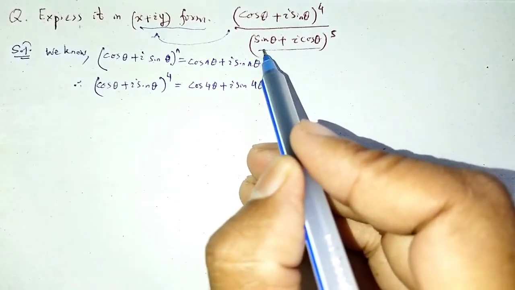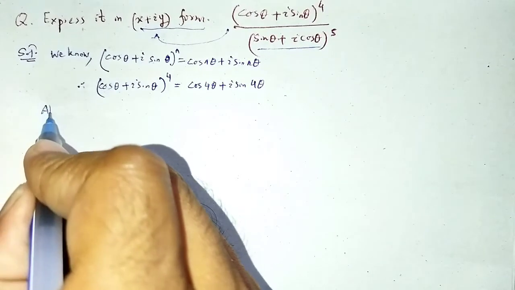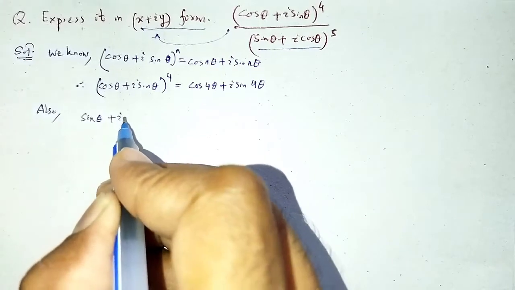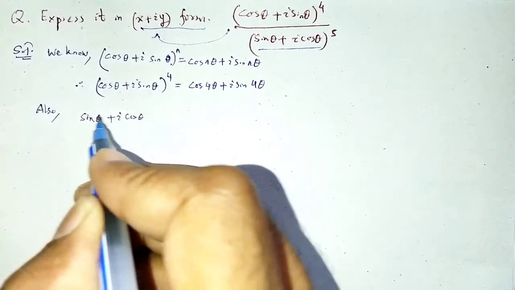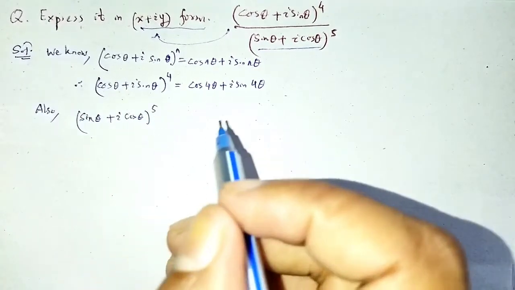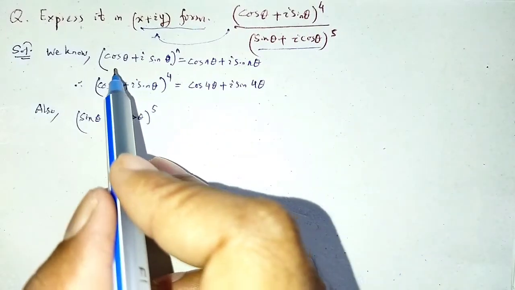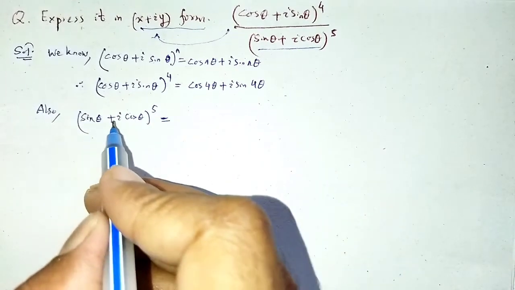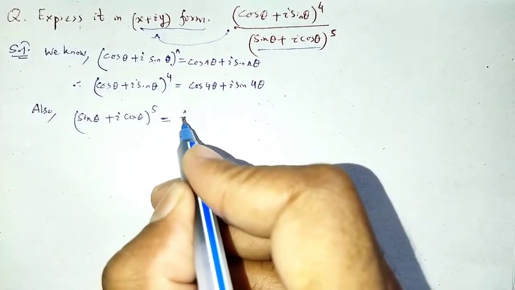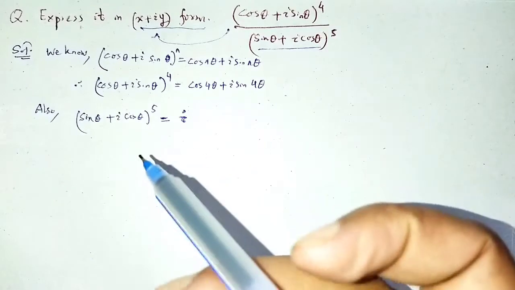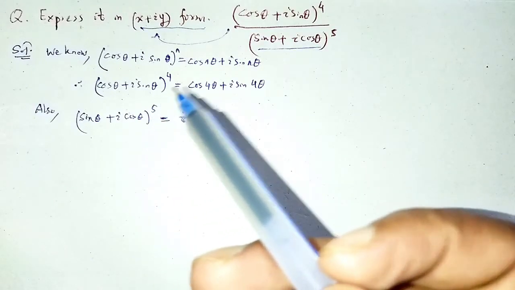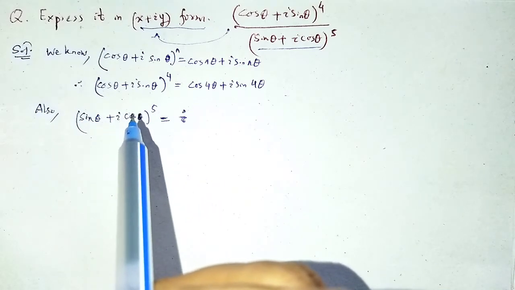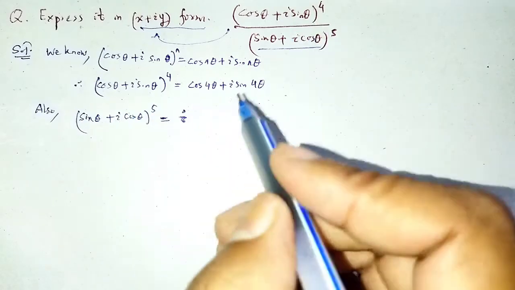Next we have to evaluate the term (sin theta plus i cos theta) to the power fifth. We have to convert it into the form cos theta plus i sin theta. Therefore, I multiply by i here. We know i is an operator, and when it is multiplied to a complex number, it changes it.